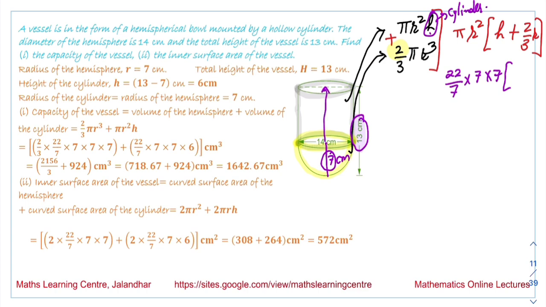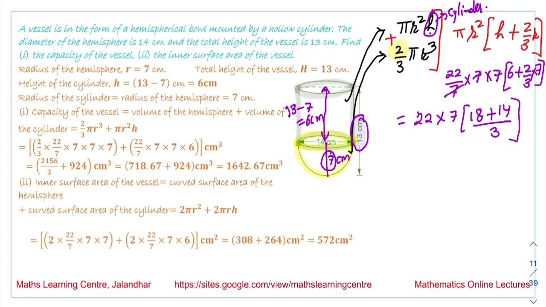So the height of this cylinder will be 13 minus 7, which is equal to 6 centimeters. So we have 6 plus 2 by 3 into the radius, which is 7. These two 7s get cancelled, so we are left with 22 into 7, then 18 plus 14 by 3.